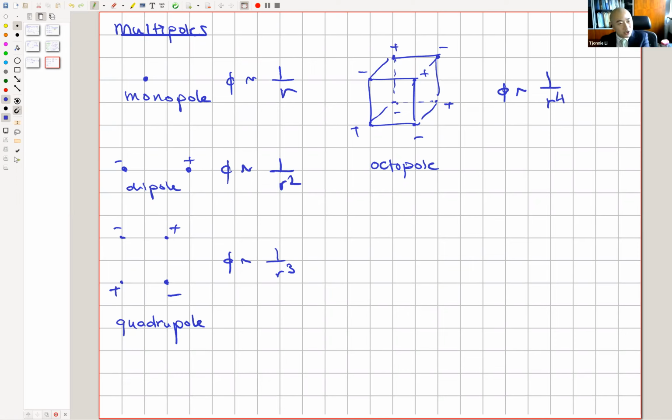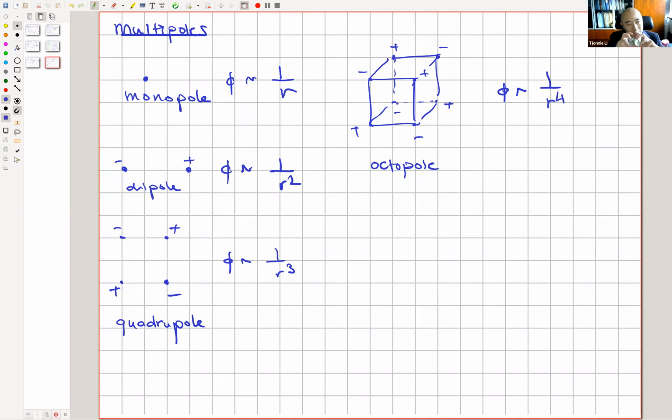So you're starting to see this trend, right? What I can do is relate different kinds of fields, different patterns, to different orders in 1 over r. So monopole is just a single charge, that would be 1 over r.